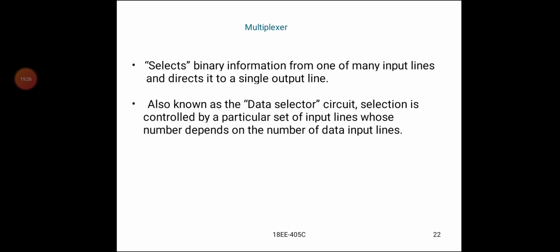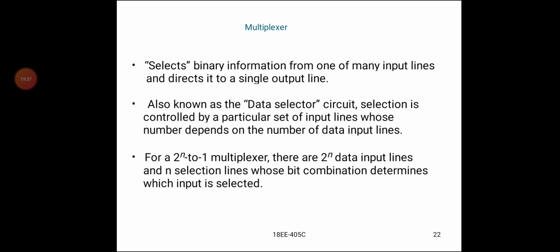Selection is controlled by a particular set of input lines whose number depends on the number of data input lines. For a 2 to the power of n to 1 multiplexer, there are 2 to the power of n data input lines and n selection lines whose bit combination determines which input line is selected.